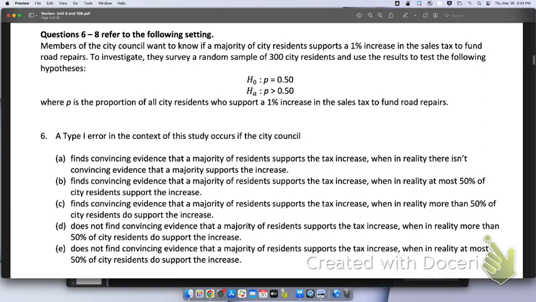P is the true proportion of all city residents who support a 1% increase in the sales tax to fund road repairs. Type 1 error in this context would mean what? So a type 1 is when we reject the null hypothesis because we have convincing evidence.